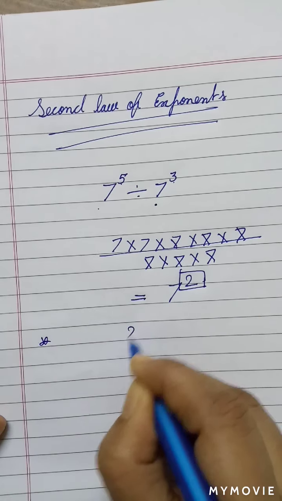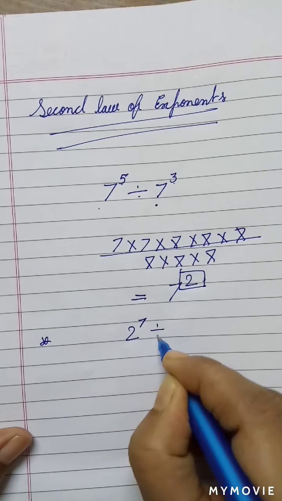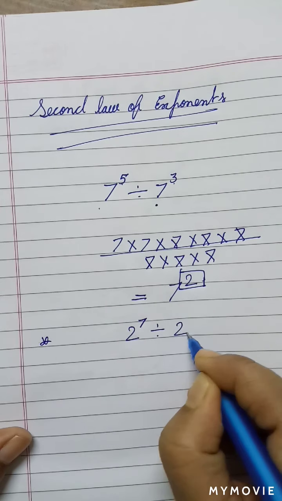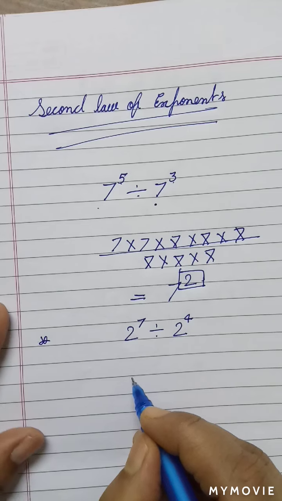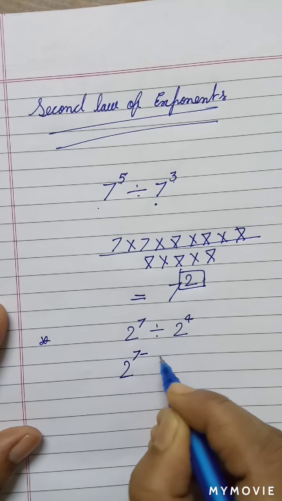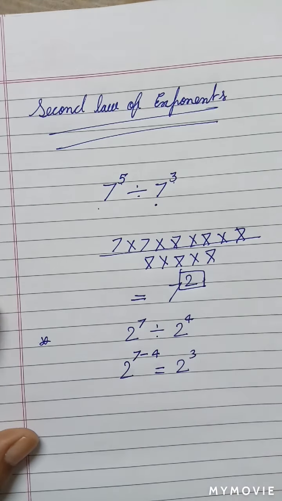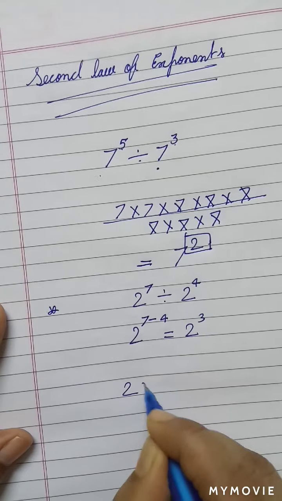Let's say we have 2 to the power 7. Let's divide it by 2 to the power 4. So we have 2 to the power 7 minus 4, which is 2 to the power 3. You can verify it like this.